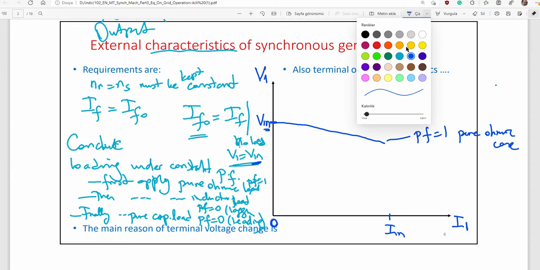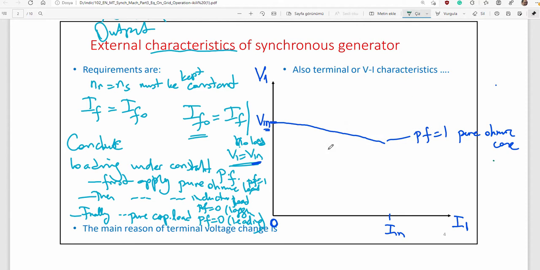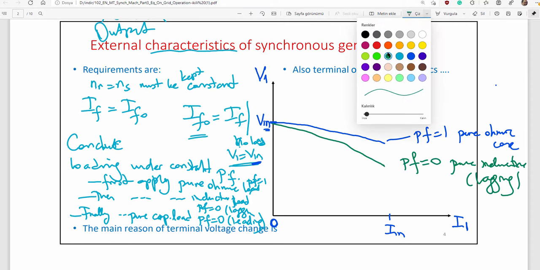And then apply pure inductive load. Power factor is 0, pure inductive or lagging. I prefer lagging. And then apply pure capacitive load.